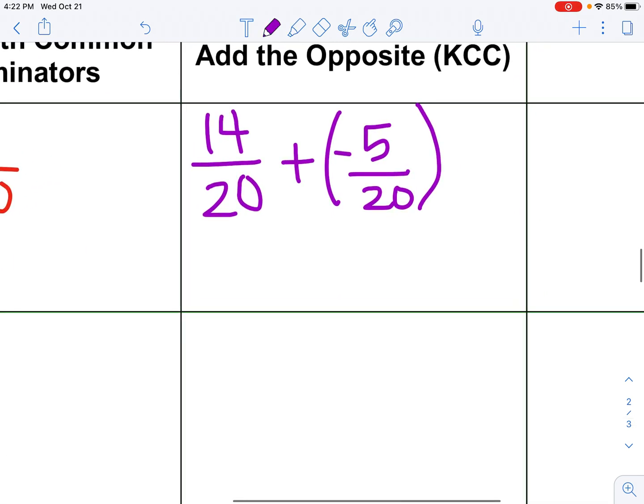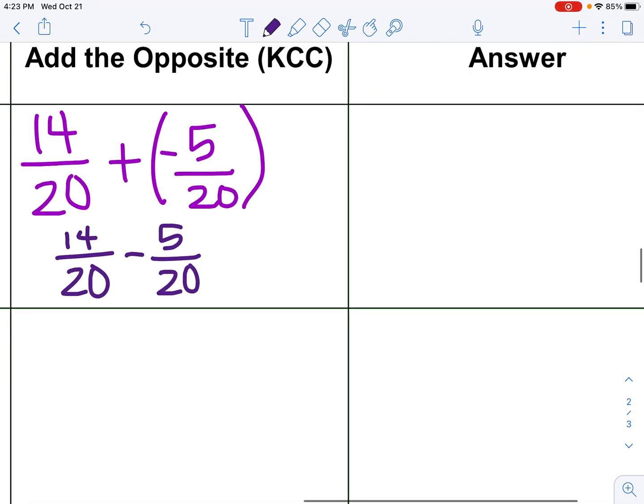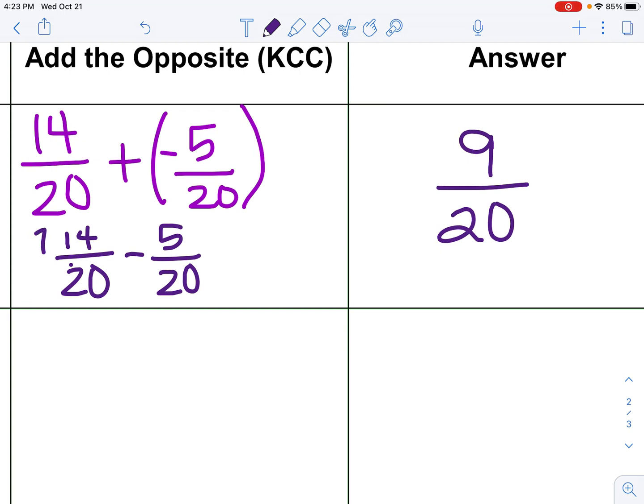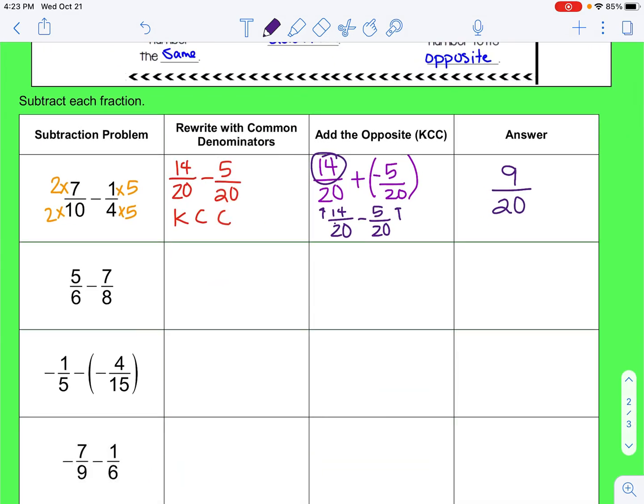So I'm going to subtract these numbers. 14 over 20 minus 5 over 20. 14 minus 5 gives me 9, and my denominator stays the same. And then to figure out if our answer is positive or negative, which number is bigger, 14 or 5? Right, 14 is, and 14 is positive, so my answer is positive.